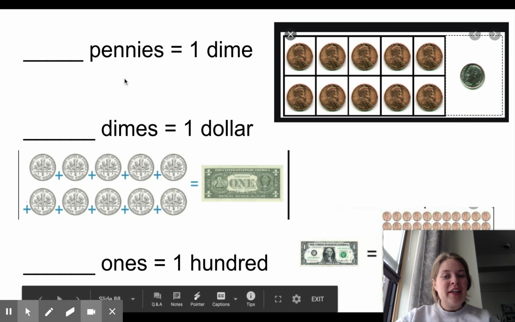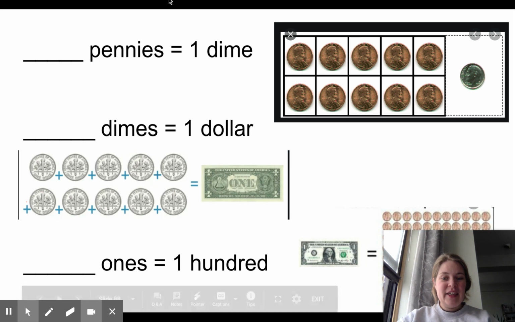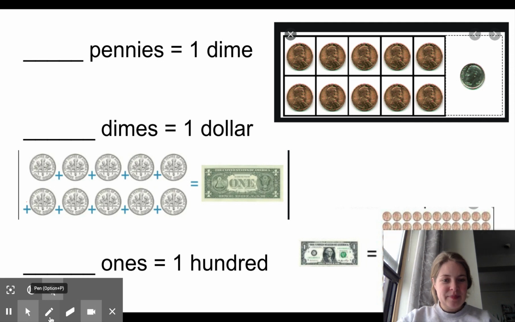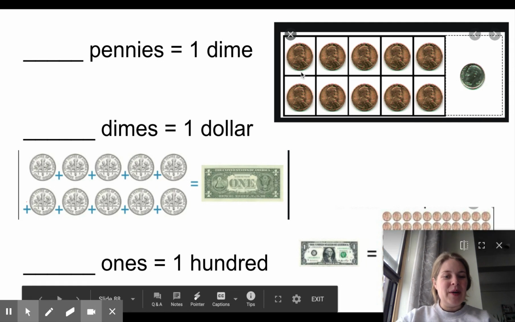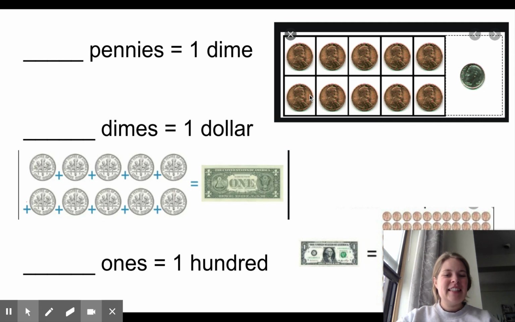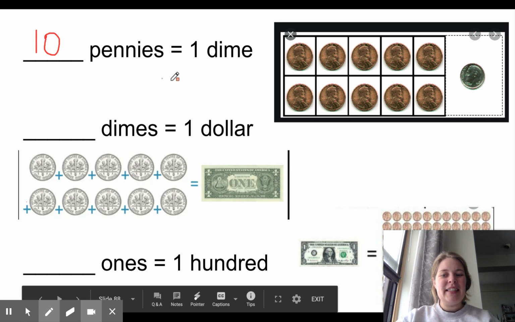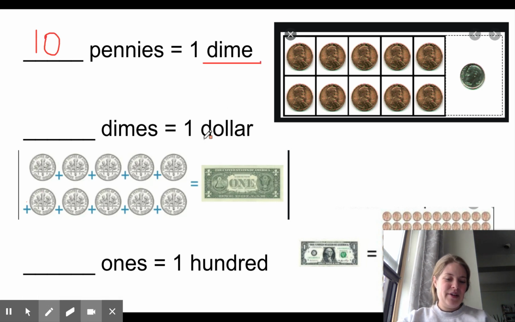Pennies are worth 1 cent. So how many pennies equals a dime, which is worth 10 cents? Well, 1, 2, 3, 4, 5, 6, 7, 8, 9, 10. Just like ones, 10 pennies equals 1 dime, which is just like a 10.